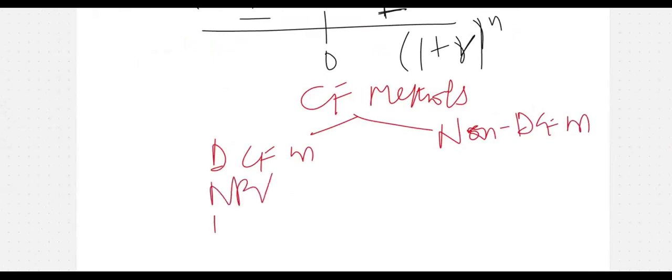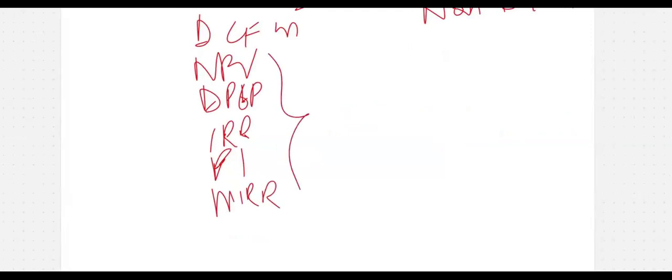We wrote the discounted payback period. We wrote the IRR. We wrote the profitability index, the PI. We wrote the MIRR.